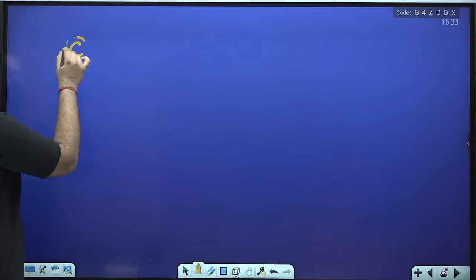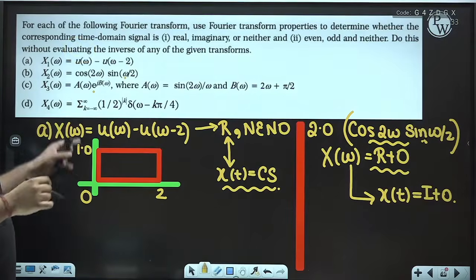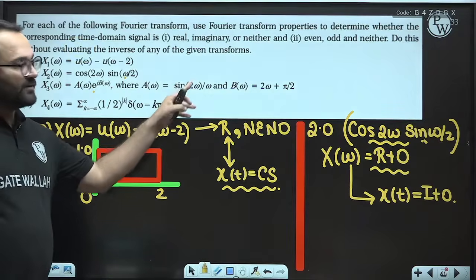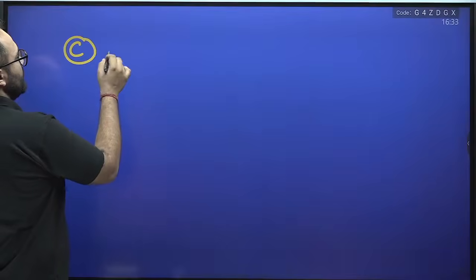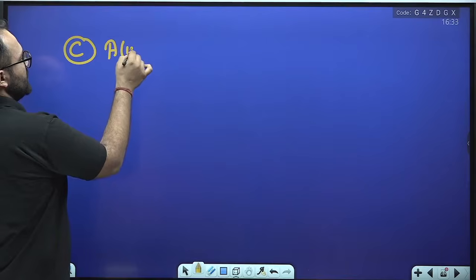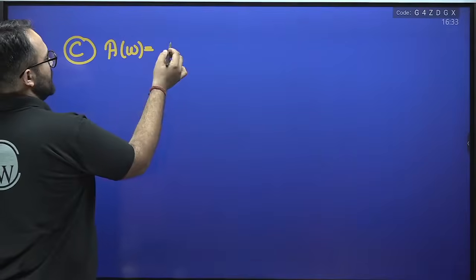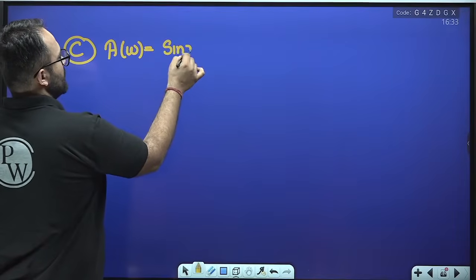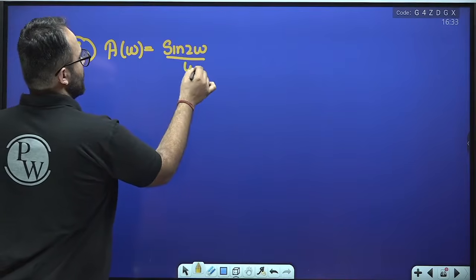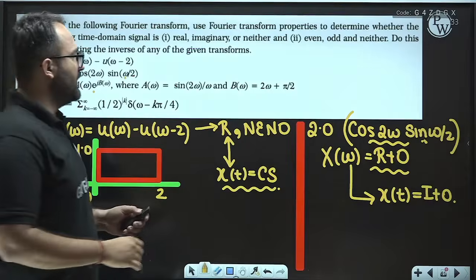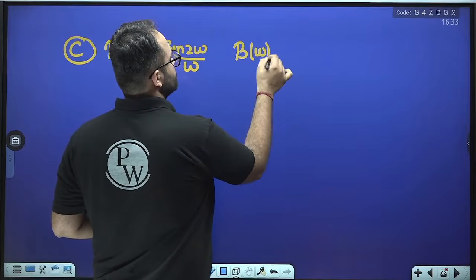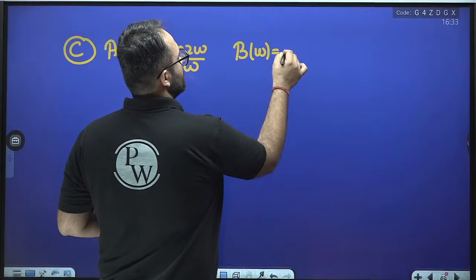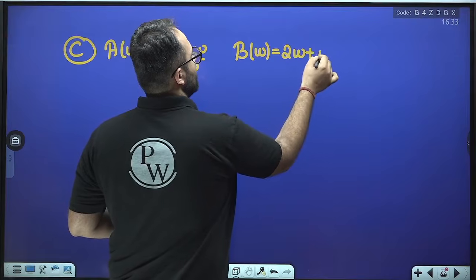C part, we can see that the Fourier transform has magnitude and phase. So the magnitude is sine of 2 omega upon omega. This is the magnitude, and the phase is 2 omega plus pi by 2.